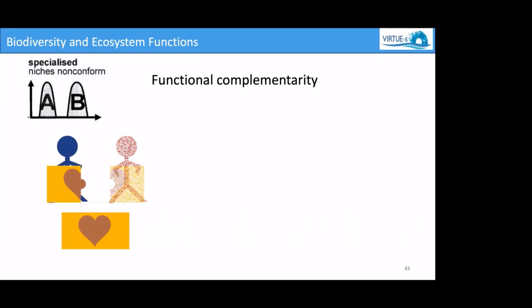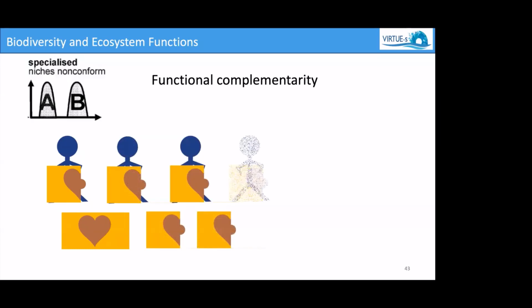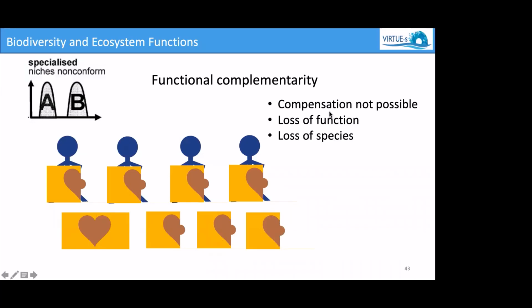Okay. What happens if one of the species dies? The blue can multiply, producing all these parts, but the function cannot be completed because the part of the red species is necessary to complete this function. So here compensation is not possible. There is a loss of function. And depending on if this function benefits this species, there will be a loss of species because the function is lost.